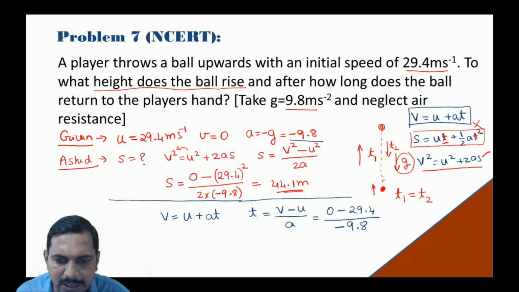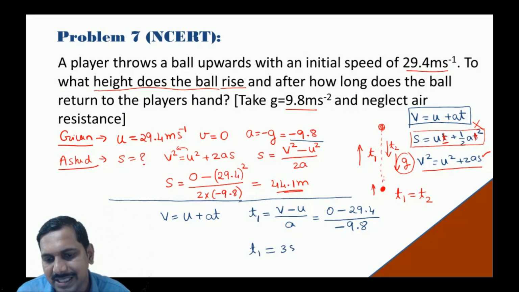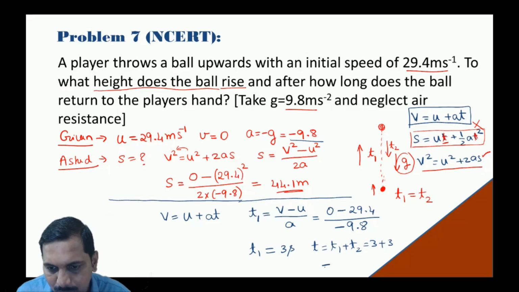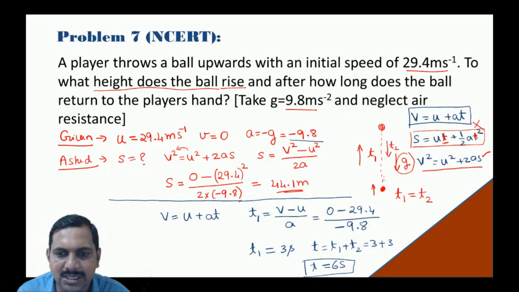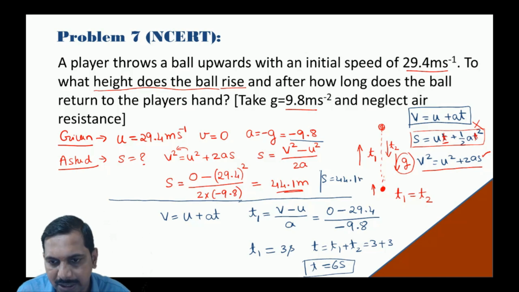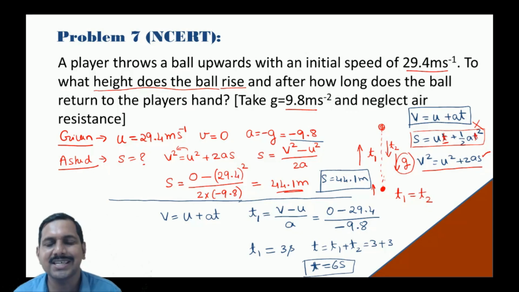What we get at the end is 3, and this is actually t1. So t1 is 3 seconds, but T is equal to t1 plus t2, which is 3 plus 3, equal to 6 seconds. So the answers are s equal to 44.1 meters and time equal to 6 seconds.